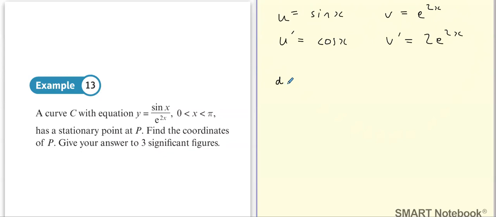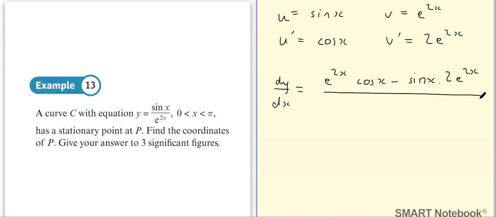And so dy by dx is going to equal vu dash, so e to the 2x cos x, minus uv dash, sine x times by 2e to the 2x, all over v squared, so e to the 2x all squared.